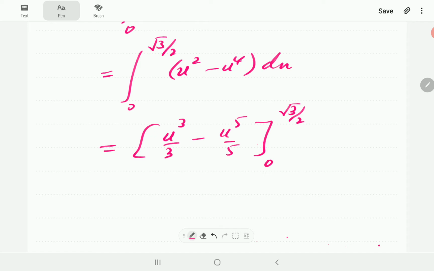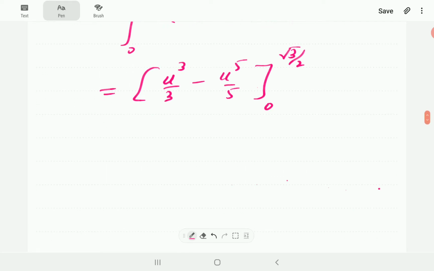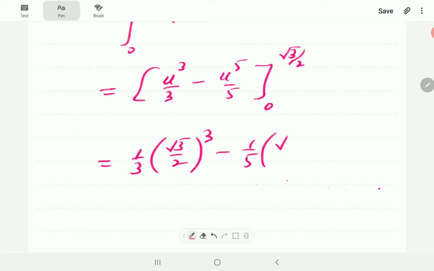Now, we plug in square root 3 on 2. So it's going to be 1/3 square root 3 on 2 cubed minus 1 over 5 square root 3 on 2 to the power 5. And then when u is 0, the contribution is just going to be 0 from this lower limit term.